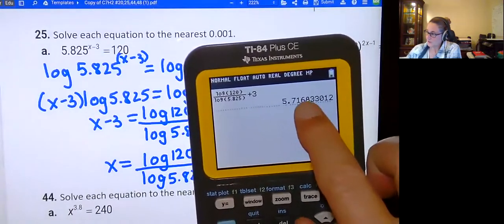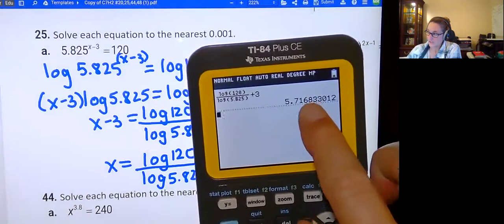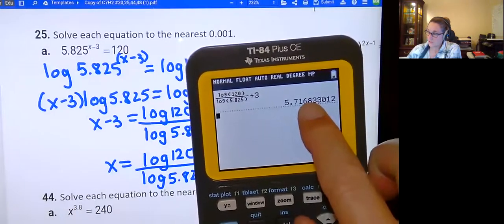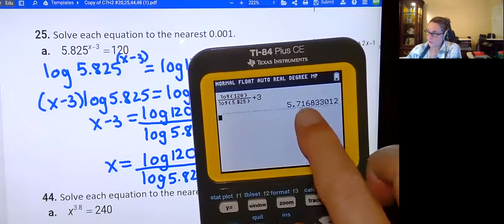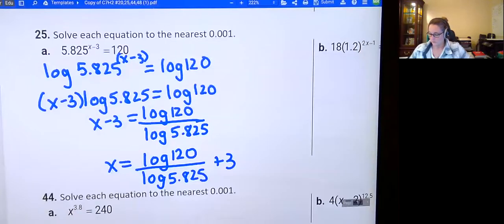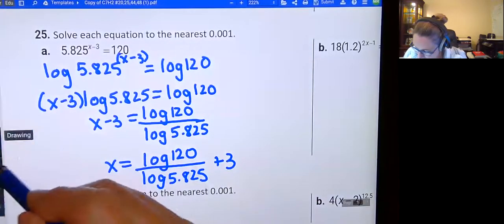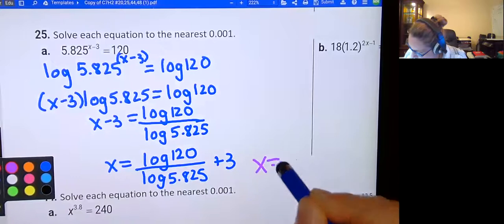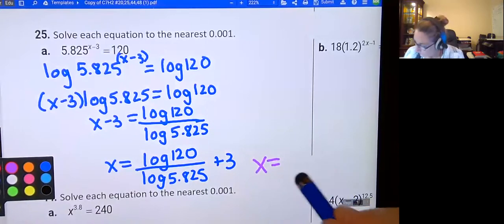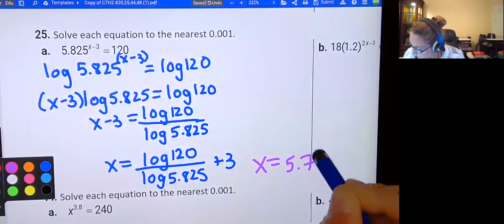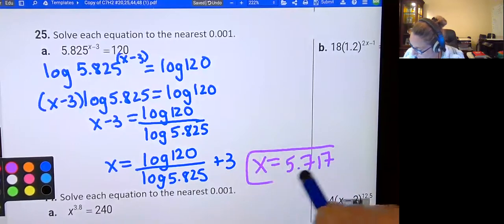So the 6 is either going to stay or it's going to go up to a 7. And if you look at the 8 after it, that 8 is going to push us up to a 7. So this is going to be 5.717. So my answer is, let me get a different color, x equals 5.717. That is my answer.